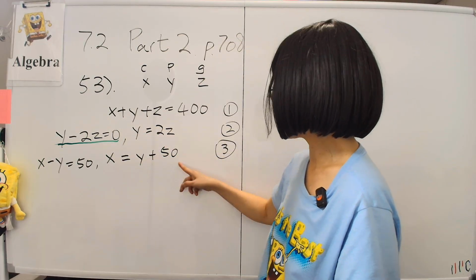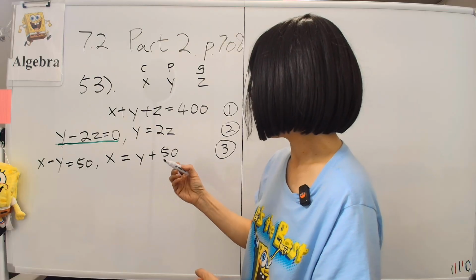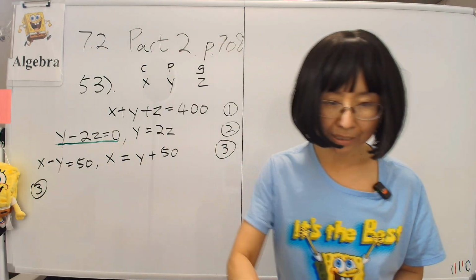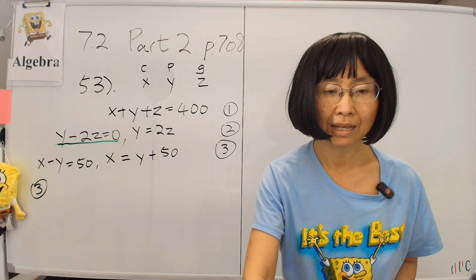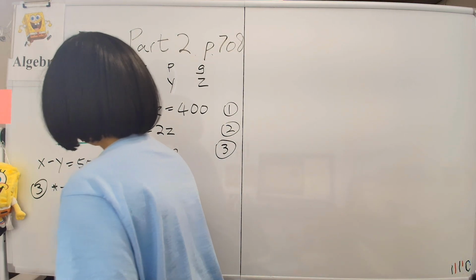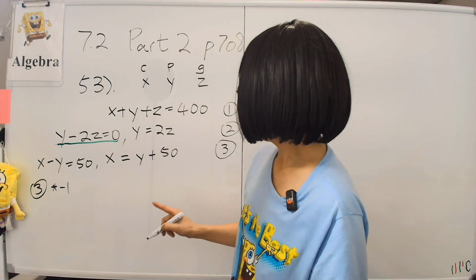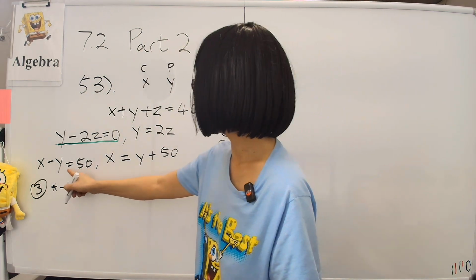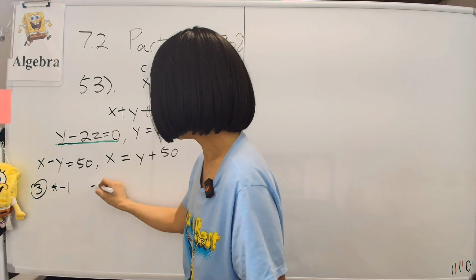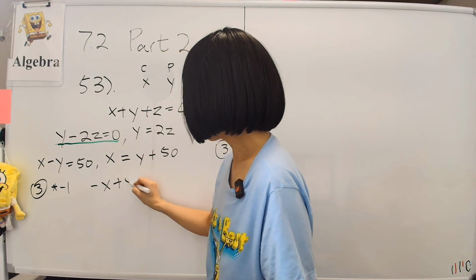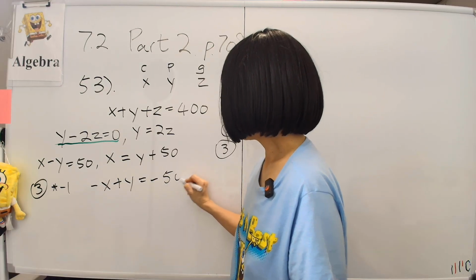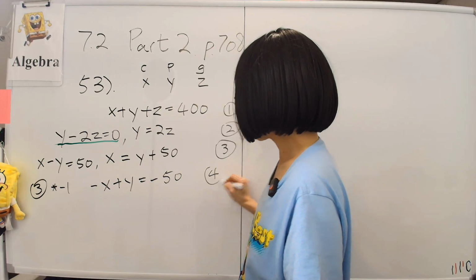Let's take equation 3 and multiply by minus 1, that is, change the sign. So that will be minus x plus y equals minus 50. We'll call that equation 4.